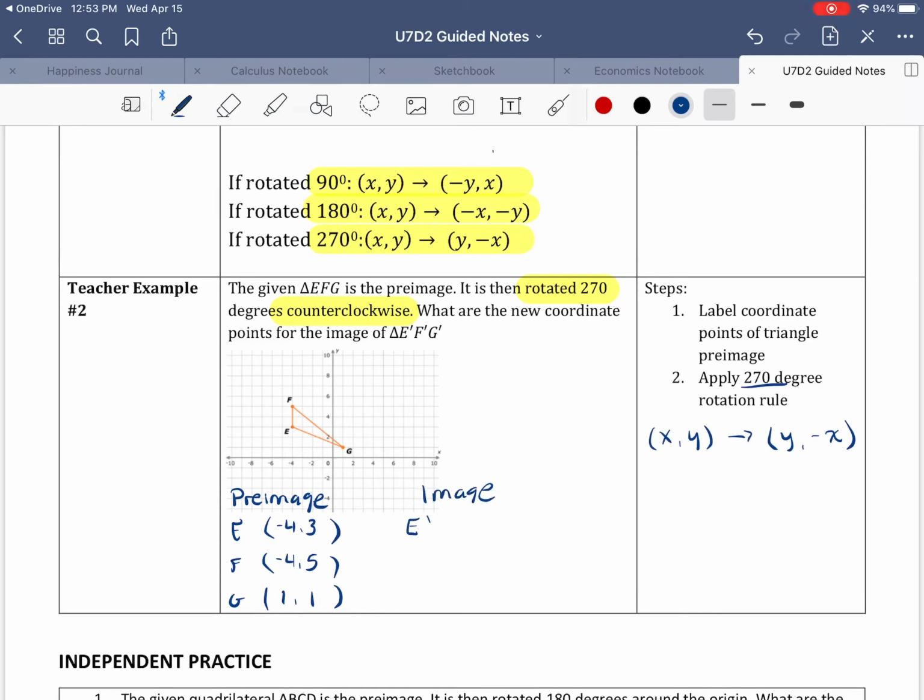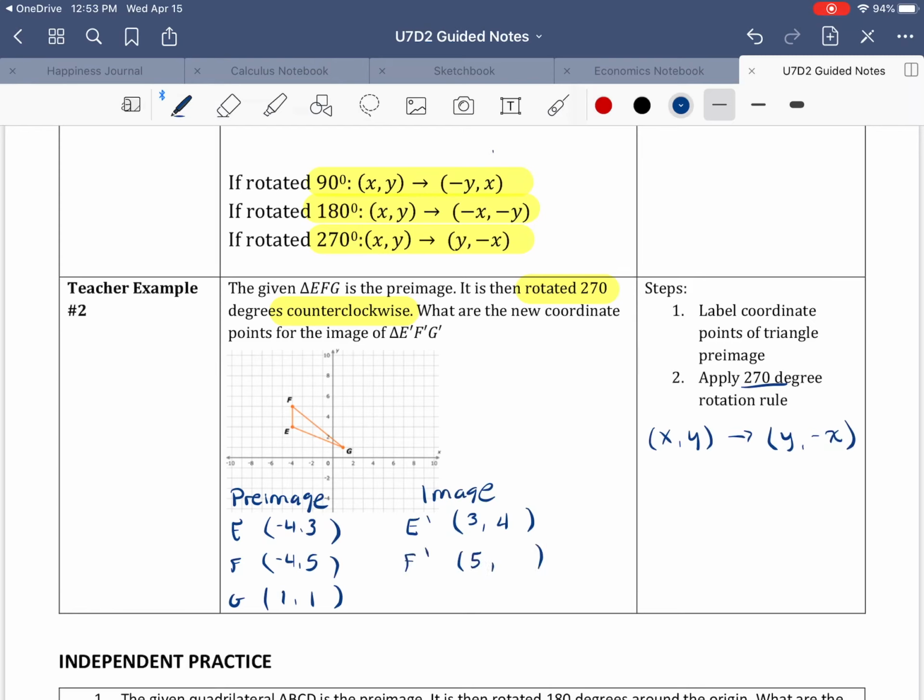So in applying that rule, E prime, we're going to flip the order. So 3 is going to come first, and then our x value, our -4, becomes negative again. So -4 becomes a +4. We're going to switch the sign. Do the same thing for F prime, right?